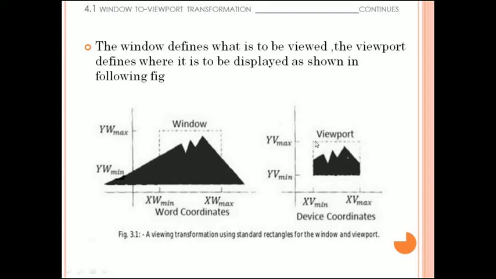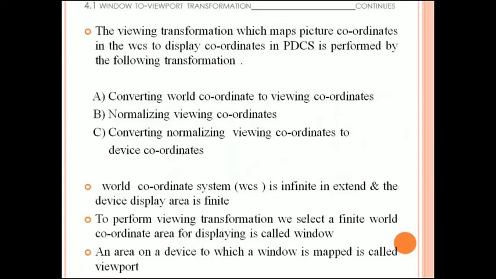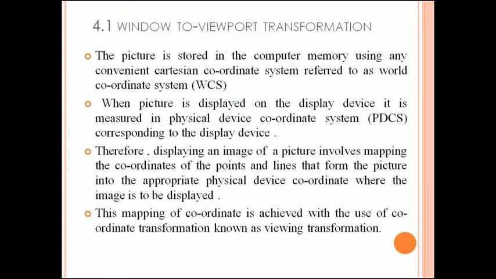Only the part of interest is clipped and displayed on our display device, and this is the device coordinate. The PDCS means the physical device coordinate system, that is, the image to be displayed on our display device.